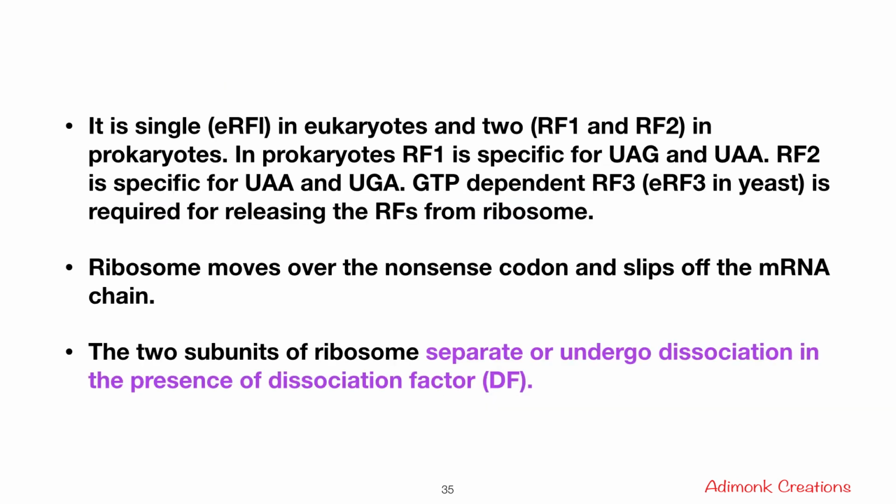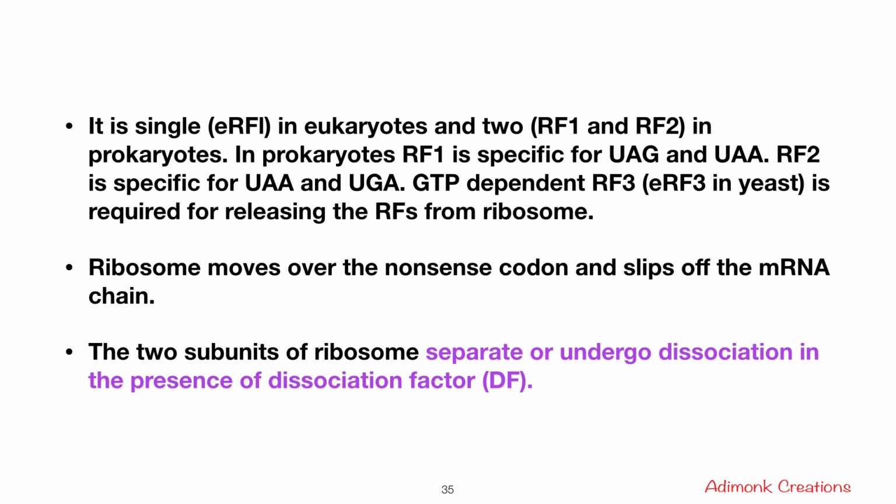The release factor is a single eRF1 in eukaryotes, and two release factors are required in prokaryotes, that is RF1 and RF2. In prokaryotes, RF1 is specific for UAG and UAA stop codons, whereas RF2 is specific for UAA and UGA.